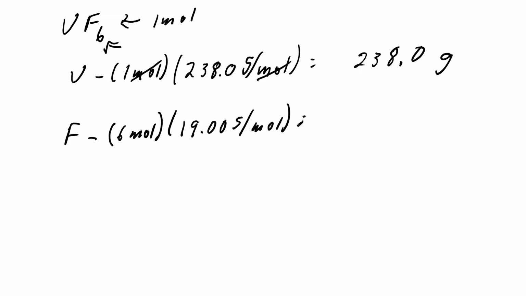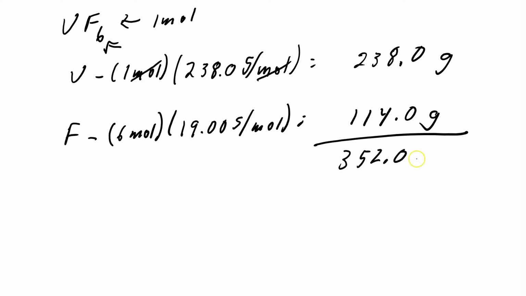And multiplying that out, we get 114.0 grams. 4 significant figures in both of our mass numbers here. So now we're just going to add these two together, and we get 352.0 grams per mole molar mass of UF6.